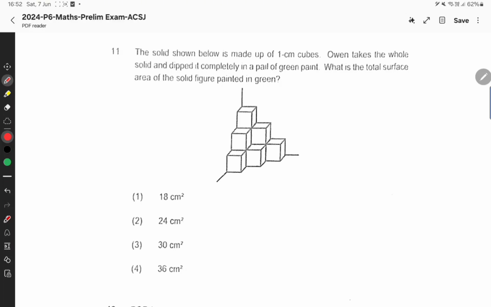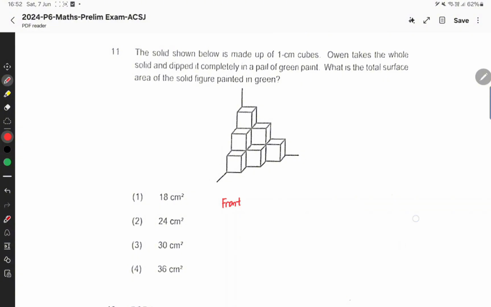So we have a few sides that we need to do. We have the left side, the behind, the right side, the in front, the below, and the top. Now let's talk about the ones that we can see first, the front. The front view will be from this direction.